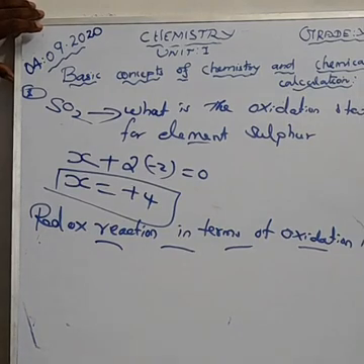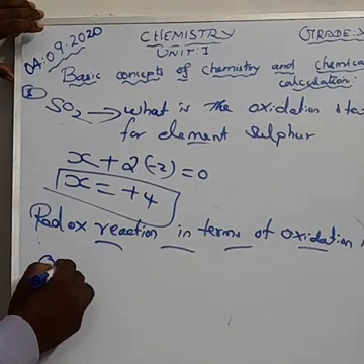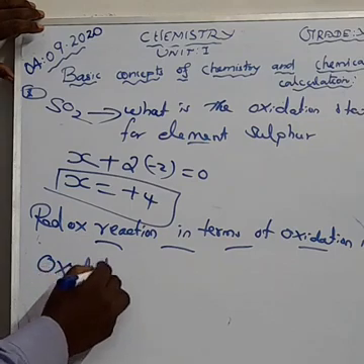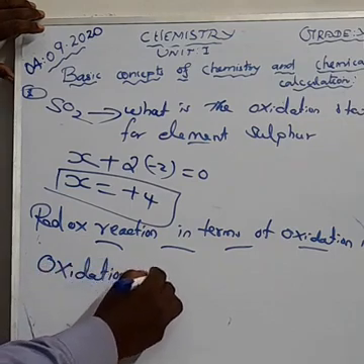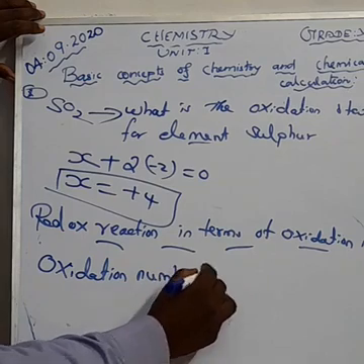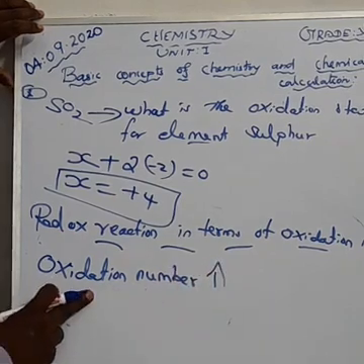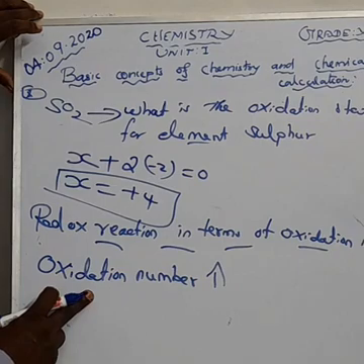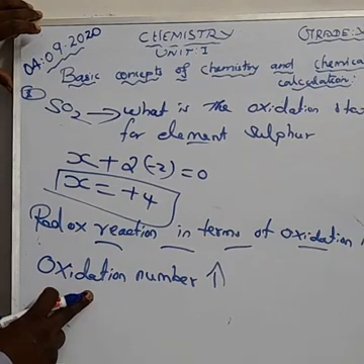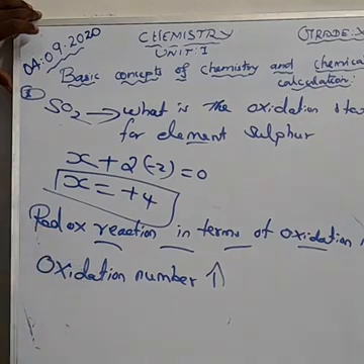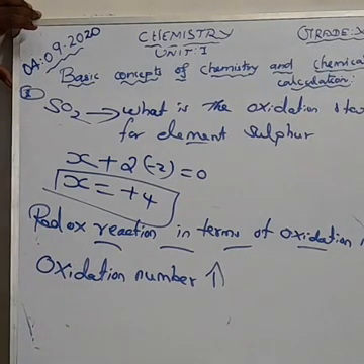Whenever the oxidation number of an element increases, it is called oxidation. Suppose it decreases, what is it? Reduction. Okay?